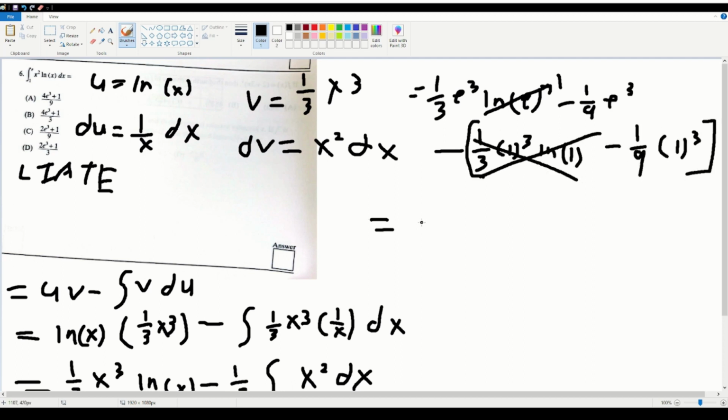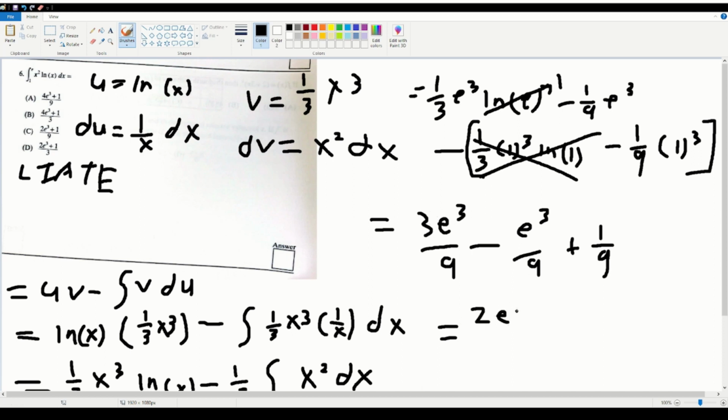As we see in our answers, we need to put these all under a common denominator. So now we can put these all under the same denominator. 3e cubed minus e cubed is 2e cubed, then plus 1 all over 9, which is answer C.